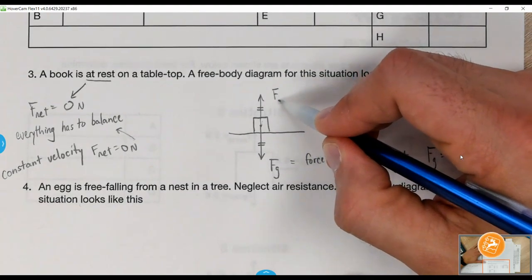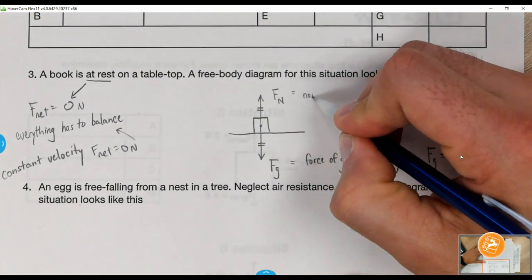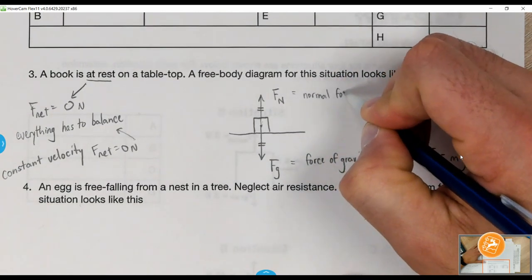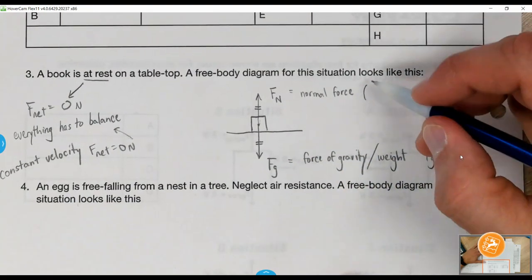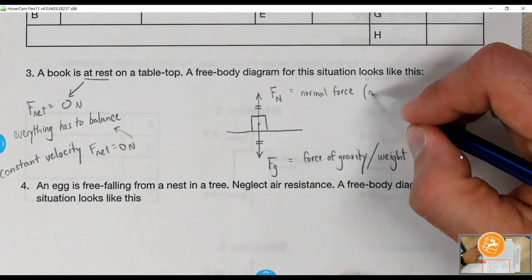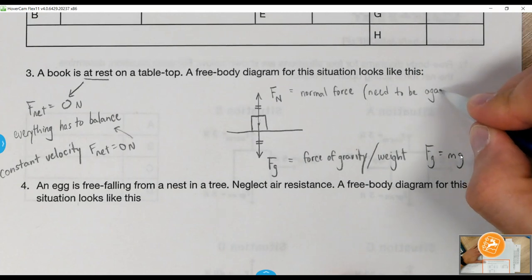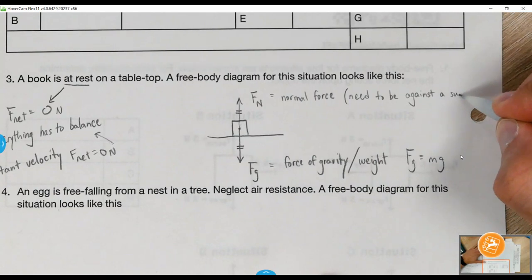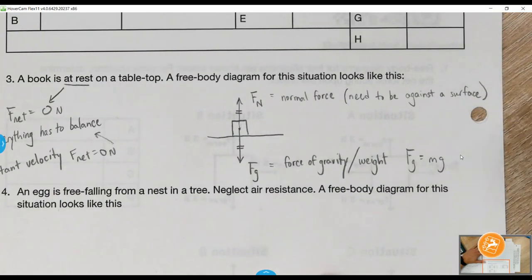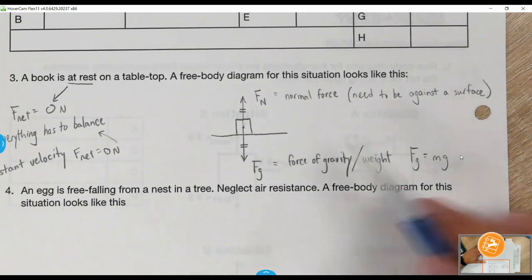And that force was what we called the normal force, F subscript capital N. And for that to work, to have the normal force, you need to be against a surface. Okay, so we're done with that one.